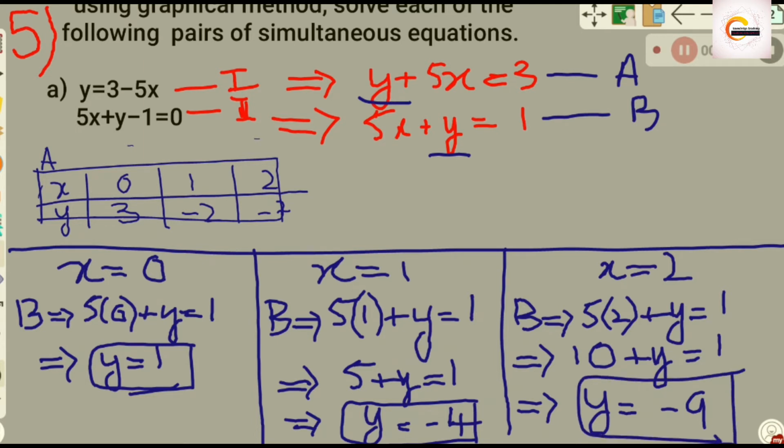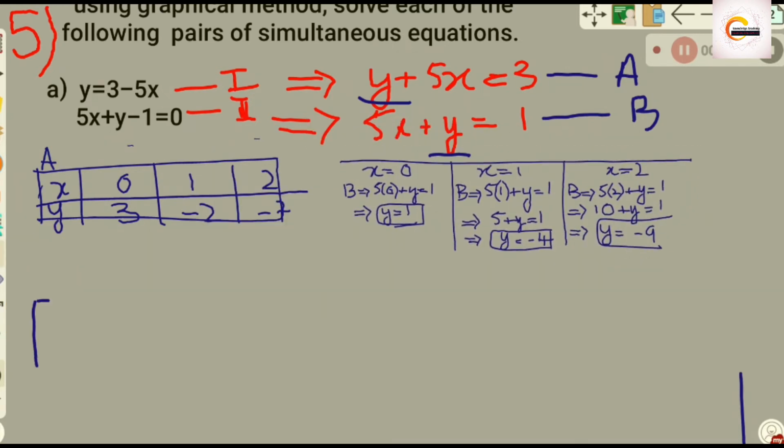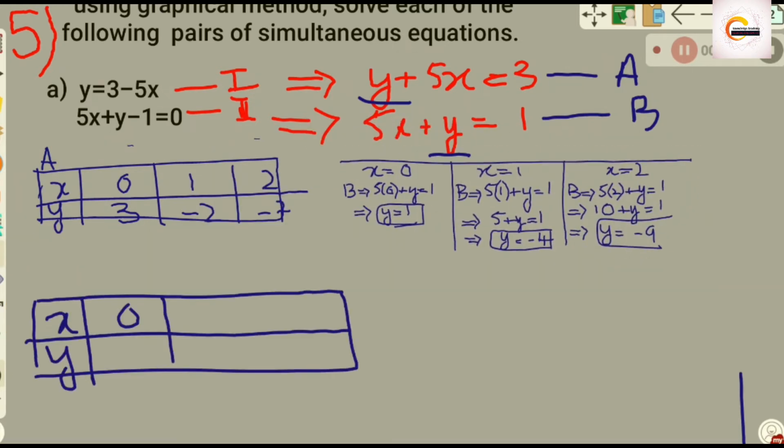I'm going to make another table for equation B. Okay, now these are the 3 points for equation B. So now we have all 3 points, we can plot a graph and find the intersecting point between our straight lines A and B.